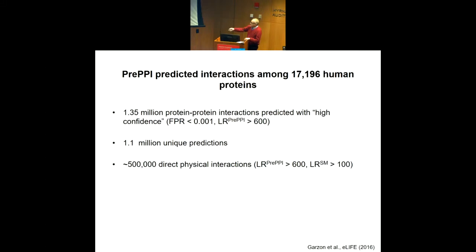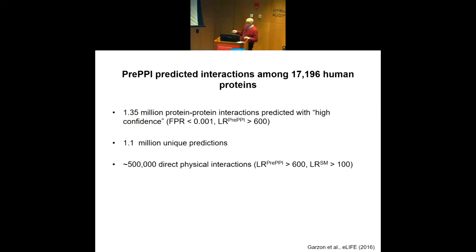In the PrEPI database, there are about 1 million interactions that don't appear in any other database. And of these, we believe that about 500,000 may be direct physical interactions, based on having a PrEPI score of 600 and a structural score of greater than 100. These numbers won't mean much to you, but I'm just telling you that we have measures for this.